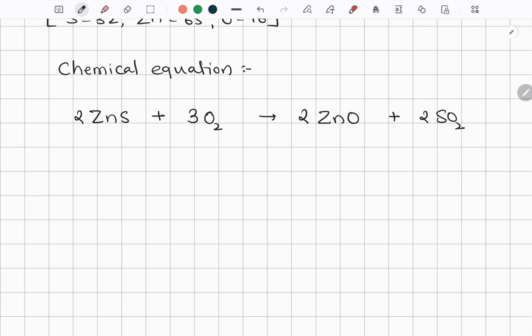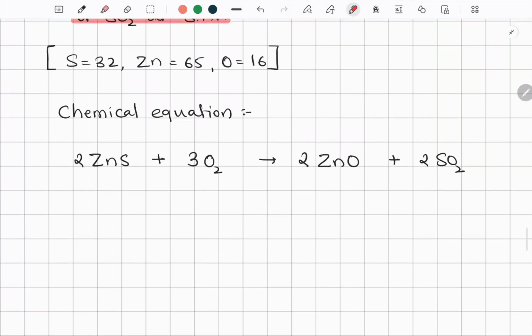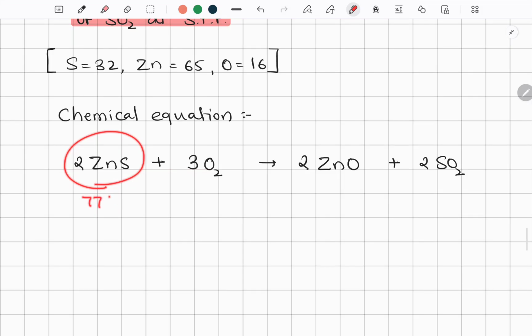Okay, perfect. Now what do we do? Now we use the unitary method in order to calculate. They are saying to calculate the number of moles of sulfur dioxide liberated by 776 gram of ZnS. If here I have 776 gram of ZnS, then how many moles of SO2 will get liberated?